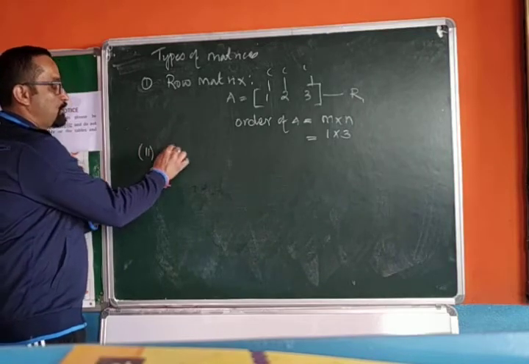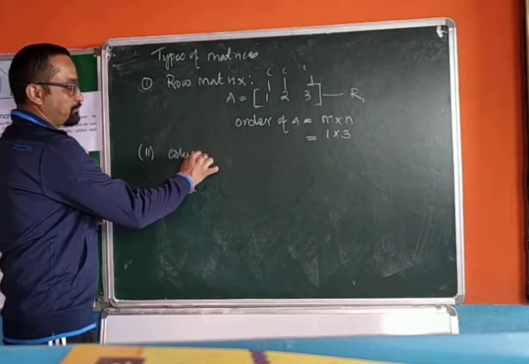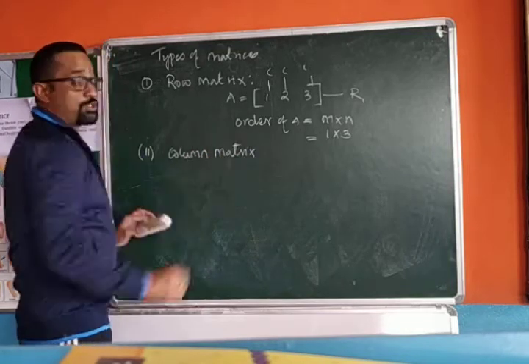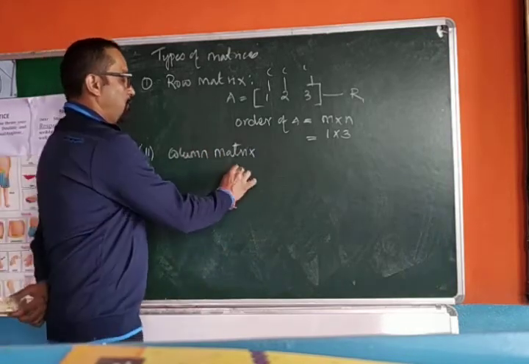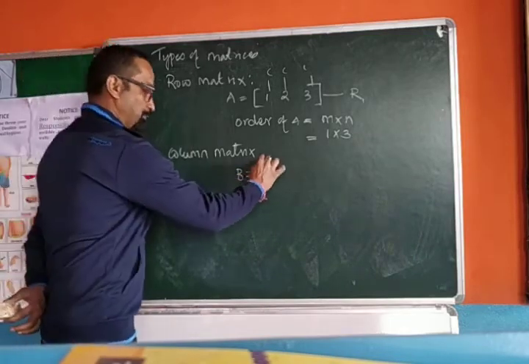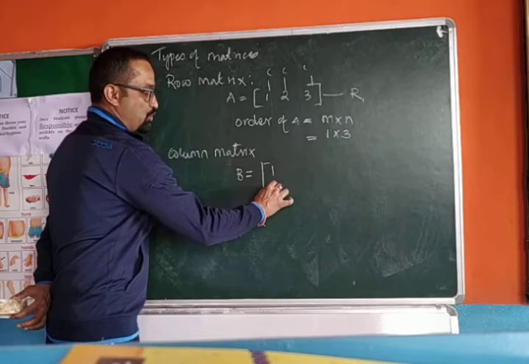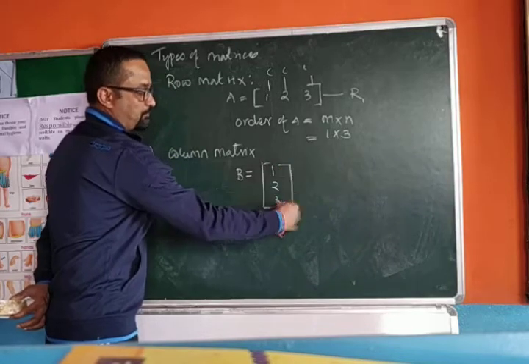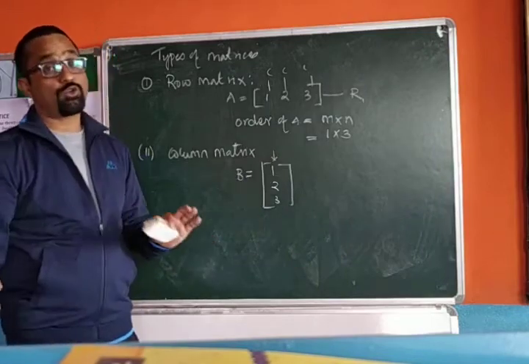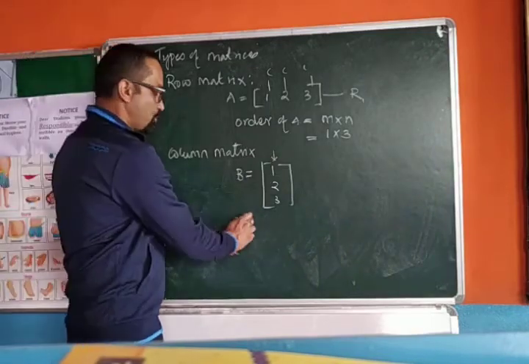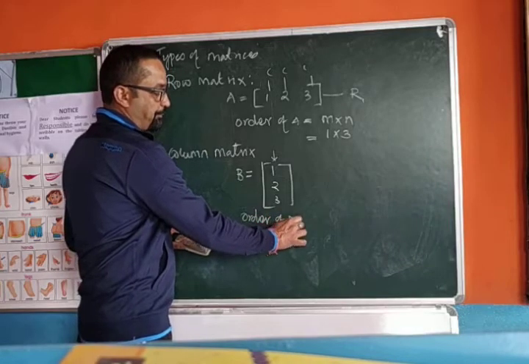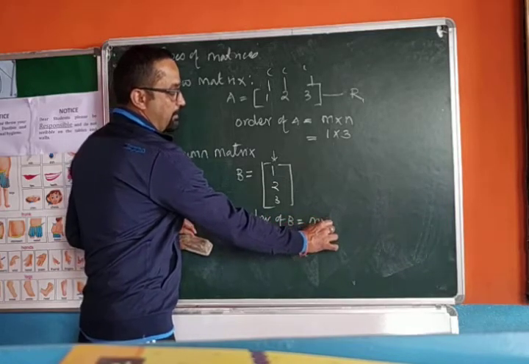Second one is called a column matrix. What is a column matrix? It is a matrix which has only 1 column. 1, 2, 3. It has only 1 column, so it is considered a column matrix. What is the order of this? Order of B, m cross n.